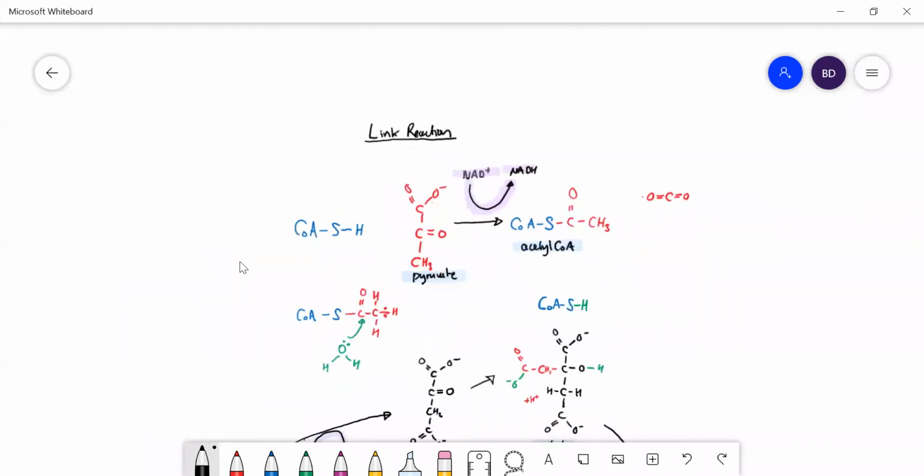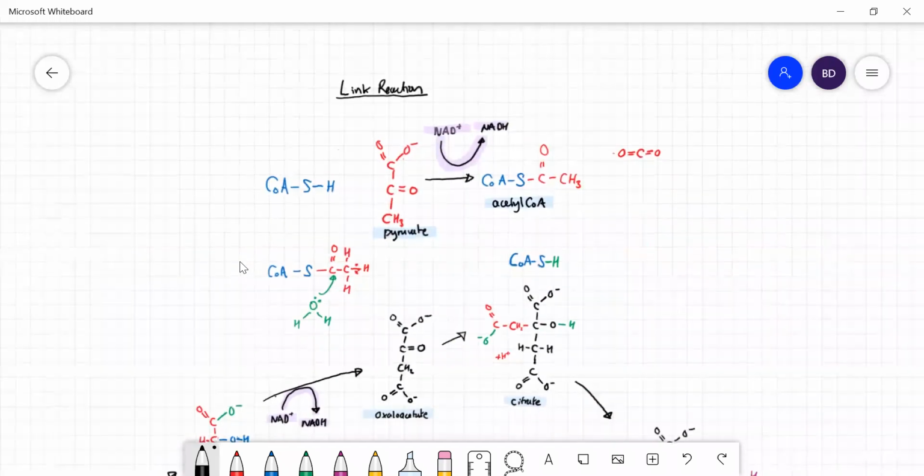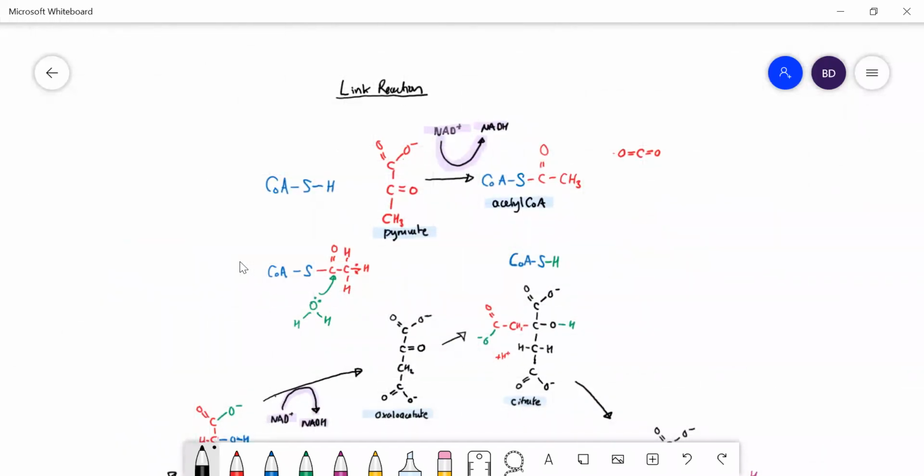So, right, the link reaction, we start off with pyruvate here, and pyruvate is converted to acetyl-CoA. We get some NADH out there, and we make some carbon dioxide. Then what happens is that the acetyl-CoA here is fed into the citric acid cycle.